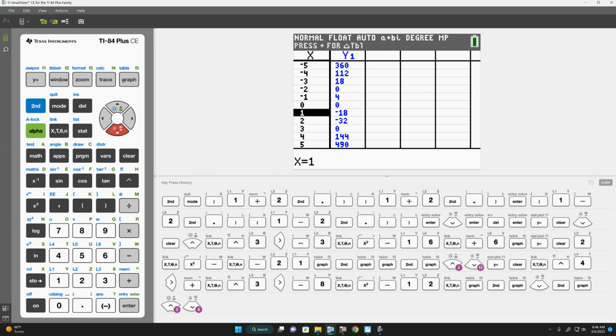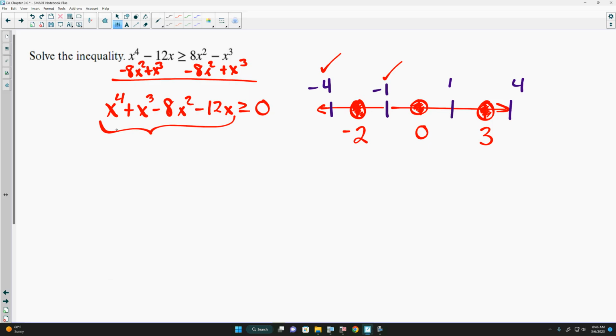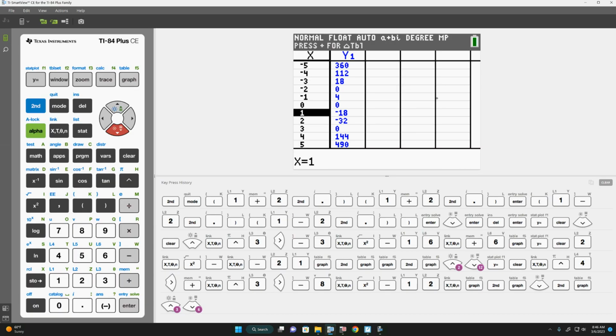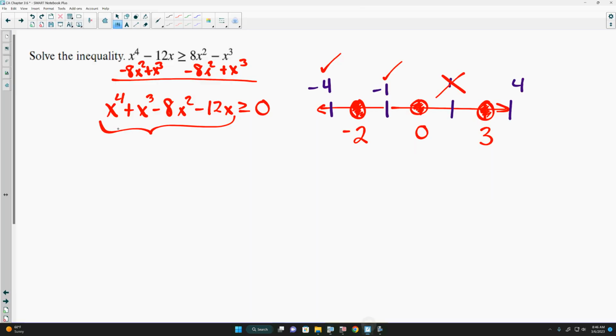When x is 1, do we get a y value greater than 0? No. So that means this one does not work. And lastly, we can look at 4. At 4, do we have a y value greater than 0? Yes. So that means 4 does work. So everything over here is included between these two and all the way over here.